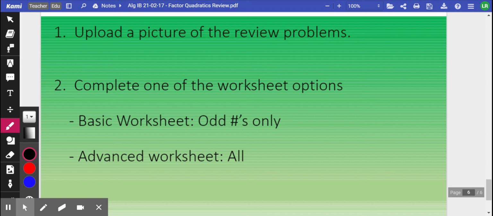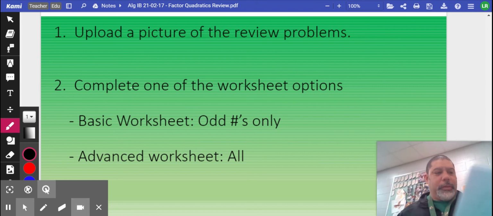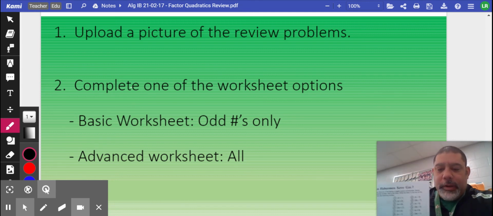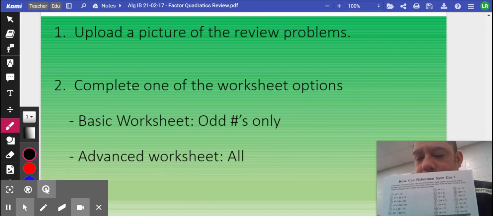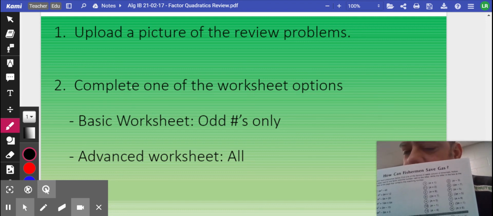The other worksheet, our advanced worksheet, the problems are a little bit harder to do. Okay. But some of you need that challenge because these other ones are a little simple for you. So those are the ones that you're going to be using. This one has 12 problems. So just so you can see, because there's 2, this is the basic one right here. It says, how can fishermen save gas?